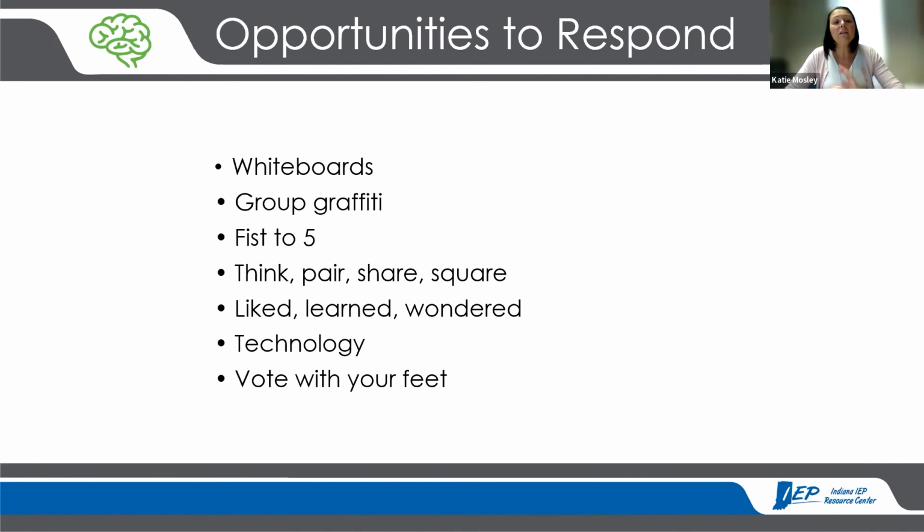So thinking about something and pairing and sharing is pretty common, but take that a step further and go into a square, right? So you're going into a group of 4. So you're thinking about something, you're pairing, and you're sharing with your partner, and then you're going to share with 3 partners. What did you like? What did you learn? What do you still wonder?